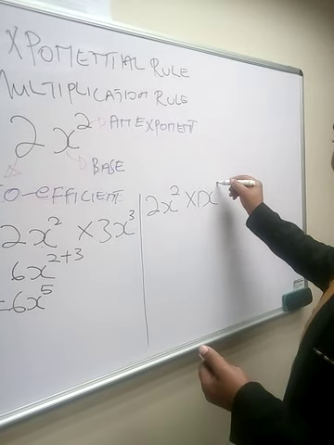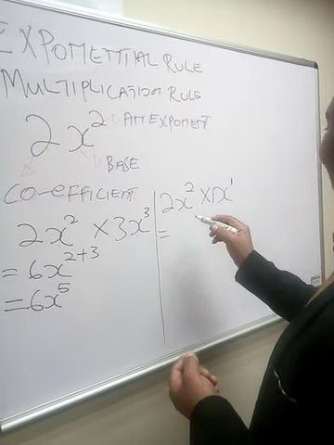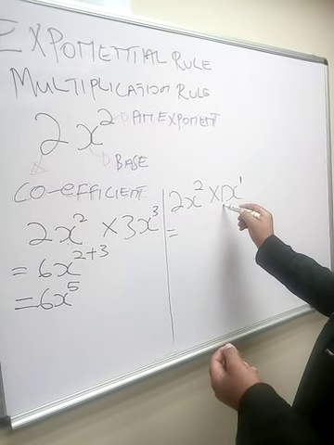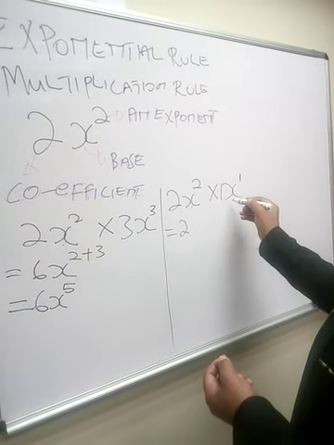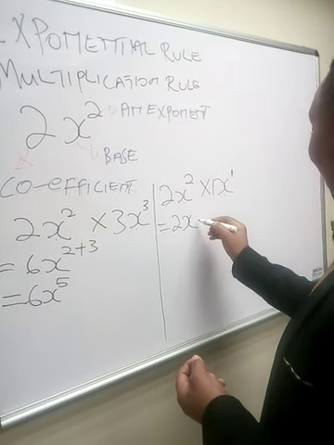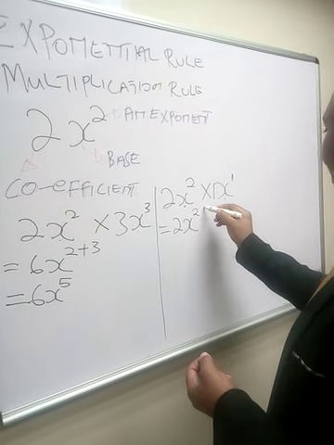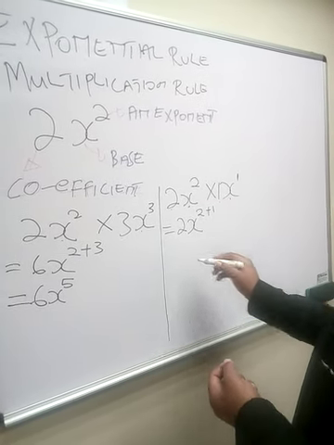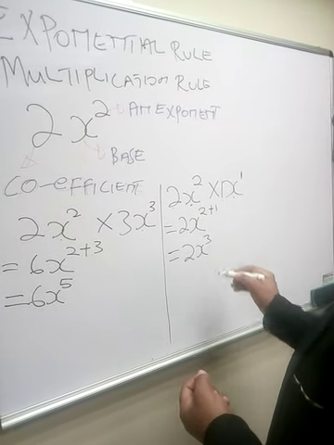The exponent as well is 1, because it is not written. That means we multiply 2 by that 1, which is 2. And then x times x, when you multiply the same bases, the same alphabet, you add the exponents. That means it's 2 plus 1. The final answer will therefore be 2x to the power of 3.